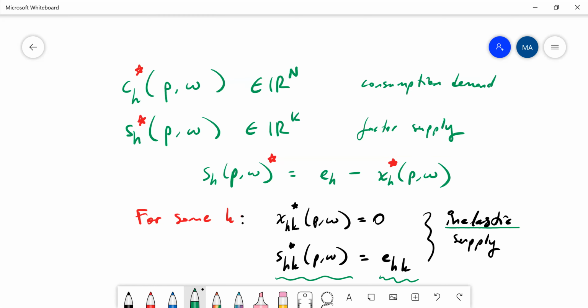If consumers have preferences over leisure, if they would like to have some free time other than working, then they pay a price, and that price is the market price for time, basically wage. So once you solve this problem, you express consumption demand as a function of prices and factor supplies again as a function of prices.